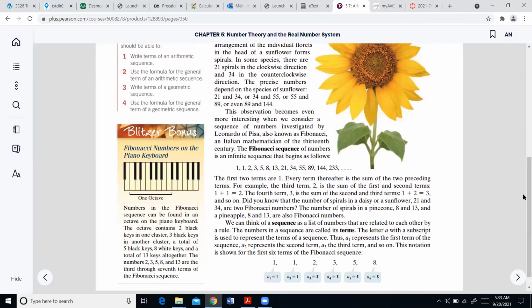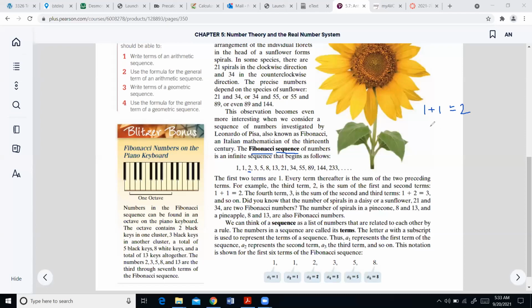So here they're looking at one very interesting infinite so-called sequence, which is named after an Italian mathematician named Fibonacci. What he did, he took number 1 and 1, added them and produced 2. So he started with 1 and 1, and then he added 1 and 1 and produced 2.